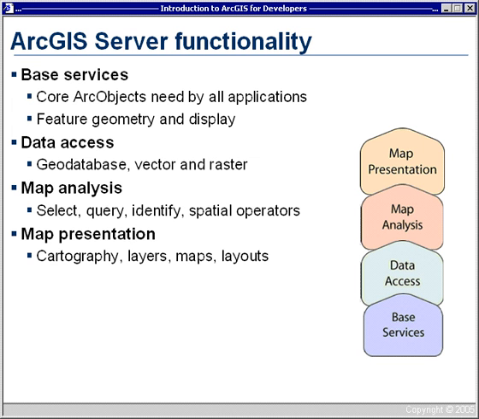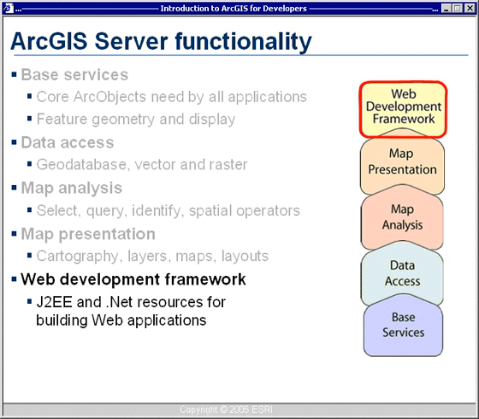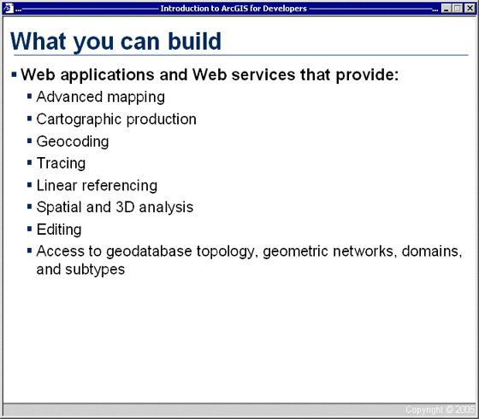If we look again at the functionality of ArcGIS Server, we'll see it's the same as ArcGIS Engine and ArcGIS Desktop. But instead of desktop applications or ActiveX controls, ArcGIS Server has the web developer framework for building web applications. There are many possibilities for developers with ArcGIS Server and these web applications or web services.